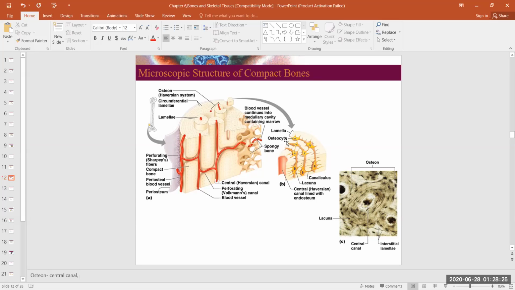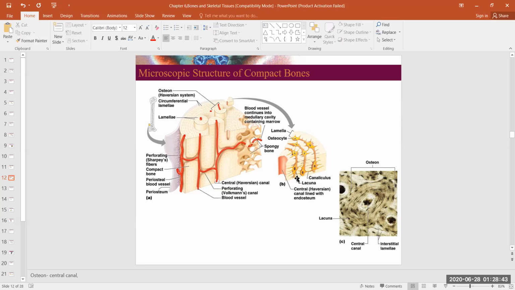So study well, and we remember them forever. Now here, this is lamella. You see there, between the lamellae, there are cavities. Those cavities are called lacunae, you see?